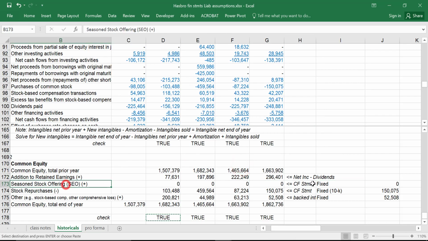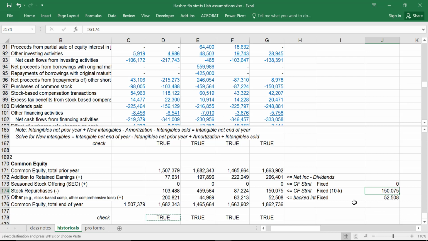For the seasoned equity offering, we're going to assume 0 based on past, as well as no discussion of anything going forward. In general, seasoned equity offerings occur fairly infrequently for most firms. Stock repurchases, on the other hand, that's actually pretty common, and again, based on prior year and some discussion in the 10K, we'll go with that prior year figure because that does fit within what's available.